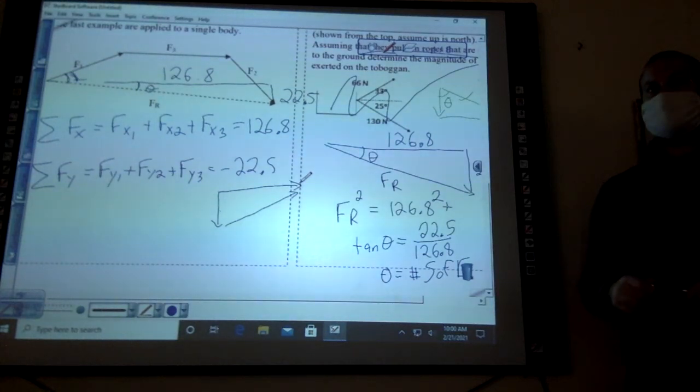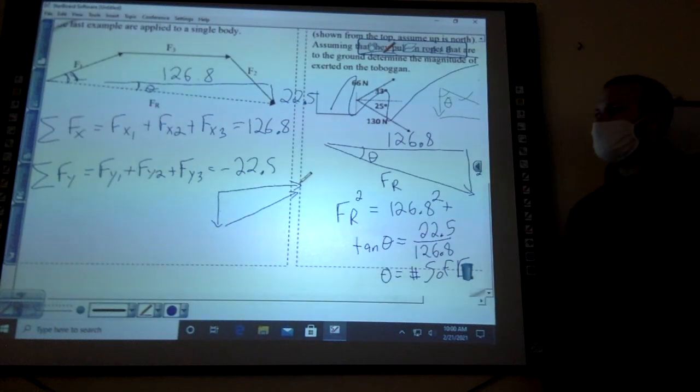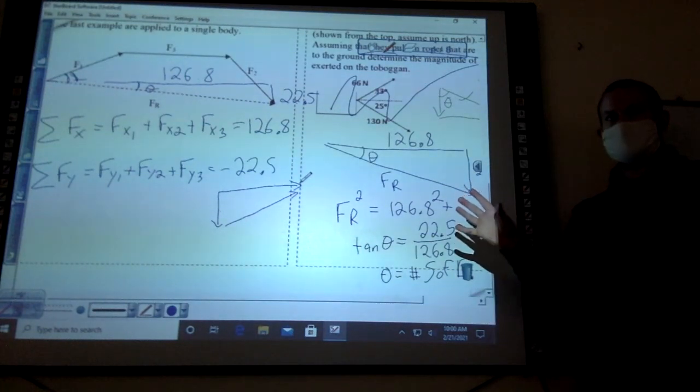Yeah. So you're saying with subtracting, can you just do the components?